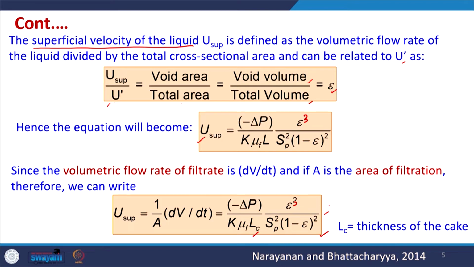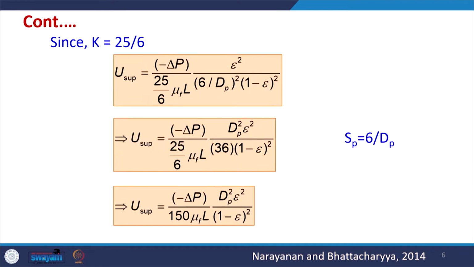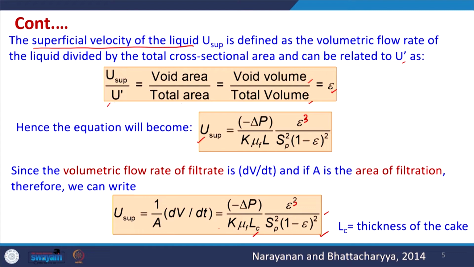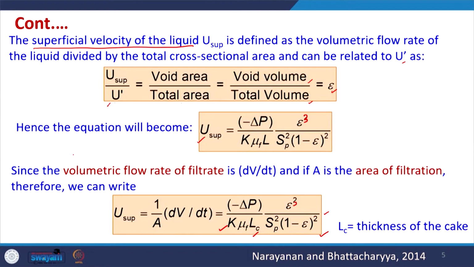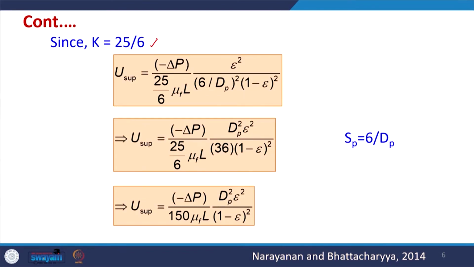Now, in this equation there is further development. K in this equation is the Kozeny constant, which we know is equivalent to 25 by 6, so we put 25 by 6. Similarly, specific surface area can be defined as 6 by d_P, and we take the square of that.